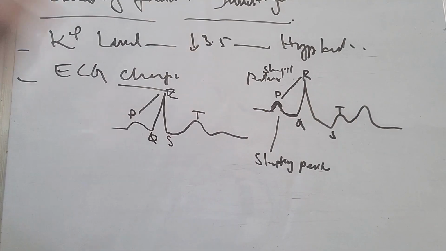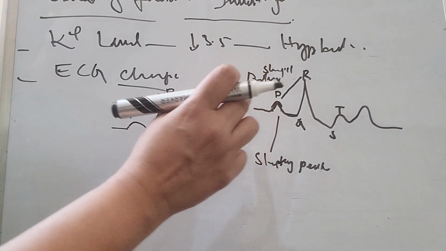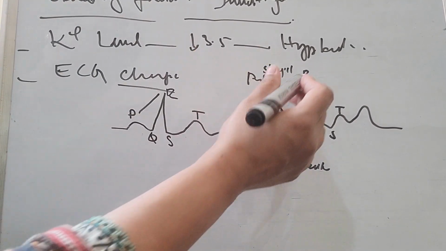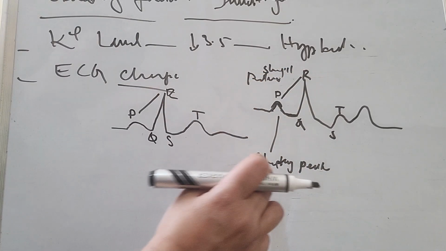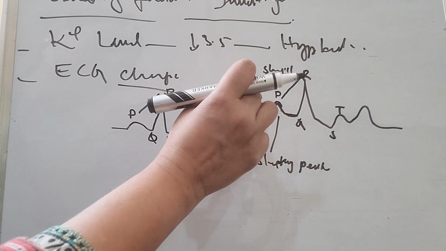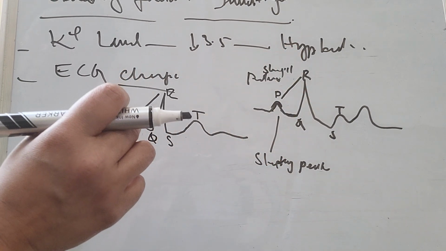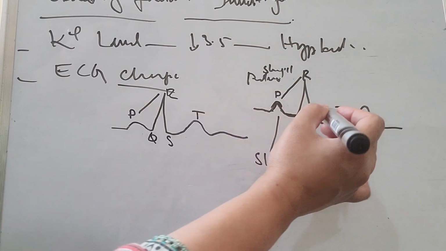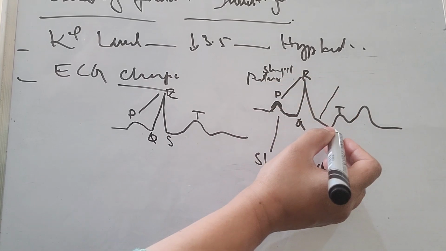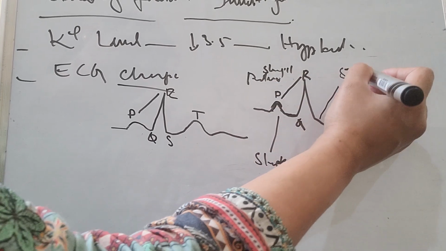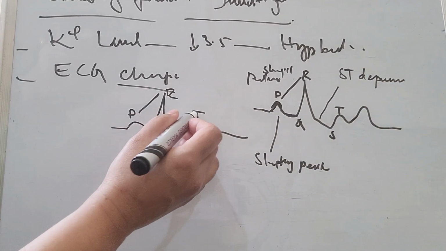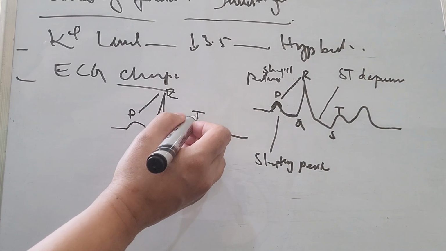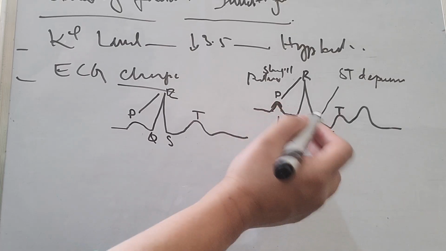Sorry, my drawing is not good, but when you see the proper ECG, there will be a slightly prolonged PR interval. So, slightly peaked P wave and slightly prolonged PR interval, and ST depression. See, the ST segment is normal in the proper ECG, but here there is depression.